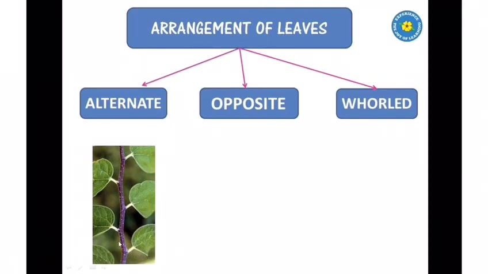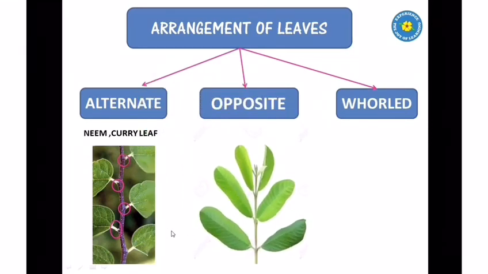They are arranged in a spiral way and do not overlap each other. Examples, neem, curry leaf. Opposite is where two leaves develop from each node and they are placed opposite to each other in this kind of arrangement.